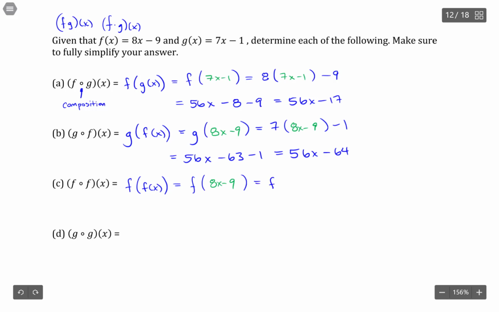So this tells me to do f, which is 8 times whatever I put in parentheses, minus 9. So 8 times 8x minus 9. And that would give me 64x minus 72 minus 9. So 64x, negative 72 minus 9 is negative 81.